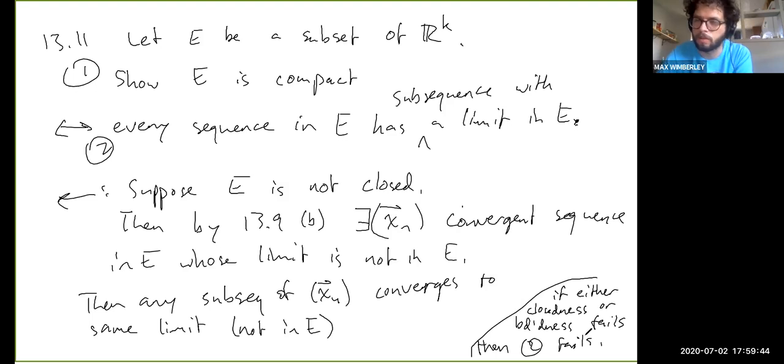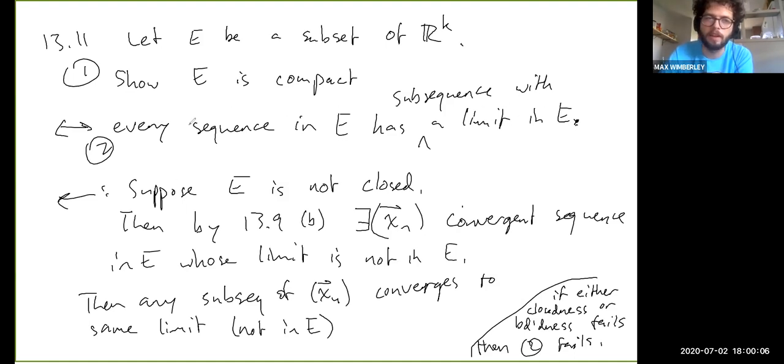That's what I just showed. Because what I said is, if E is not bounded, then 2 fails, and if E is not closed, then 2 fails. This thing about sequences, right? So if either closedness or boundedness fails, then 2 fails.